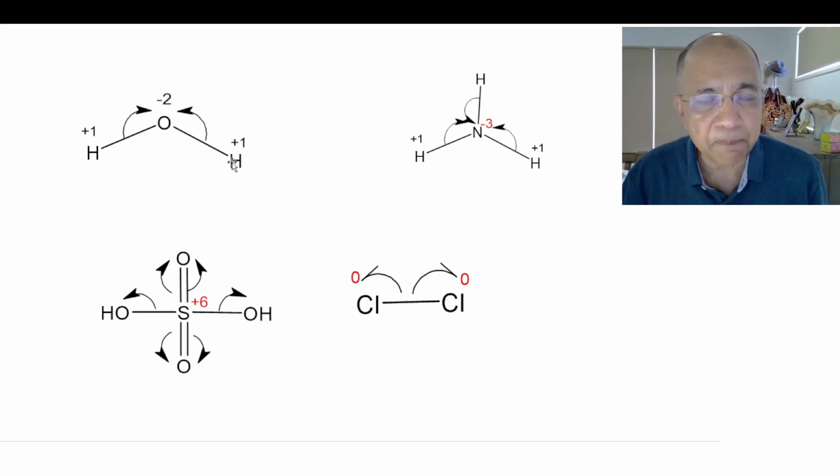You just imagine that these bonds break hypothetically so that the two electrons are transferred to the more electronegative oxygen atom. So oxygen in that case will gain two additional electrons and therefore will acquire an oxidation number of -2.